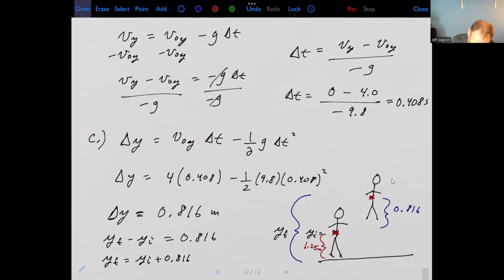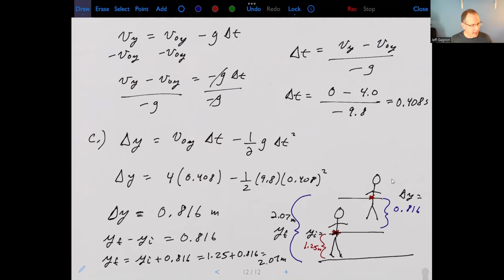If you work this out, this is 1.25 plus 0.816, and that's going to equal 2.07 meters. So that's the y final here, 2.07 meters. That's the total height that his center of mass is going to be above the ground. If it started at 1.25 and we calculated delta y to be 0.816, then the final y must be the sum of those two, 2.07.